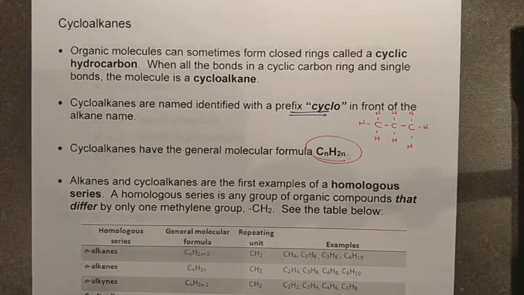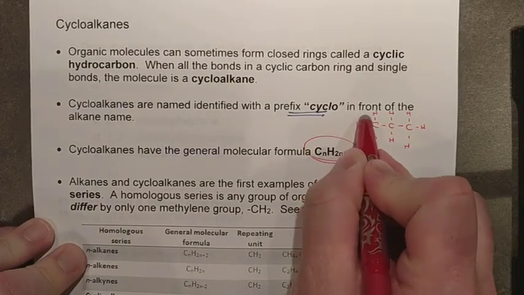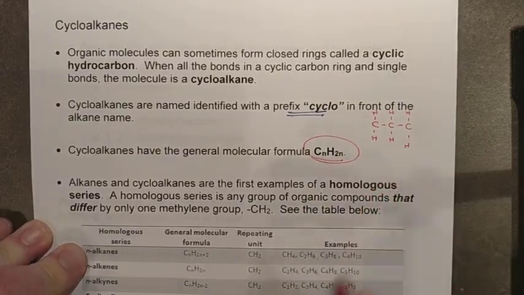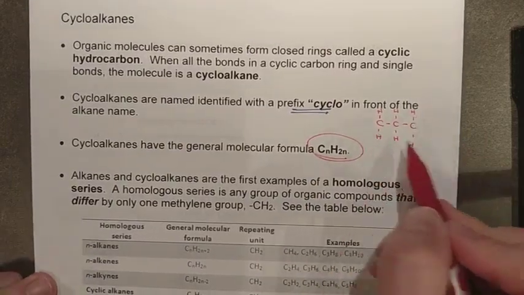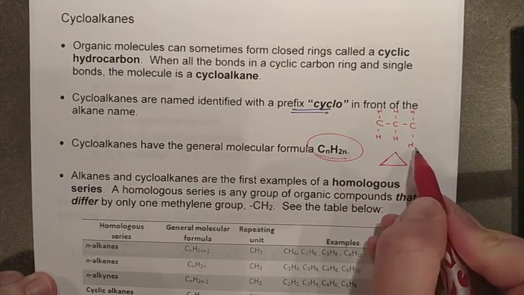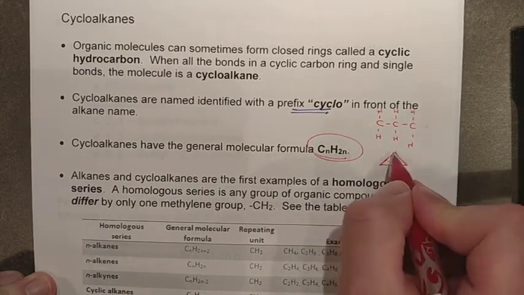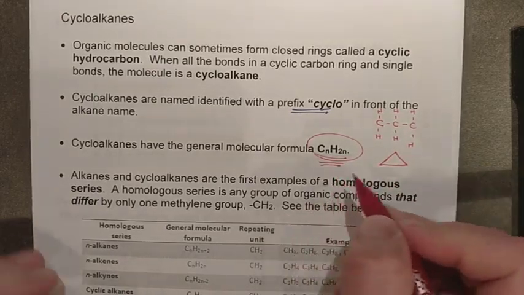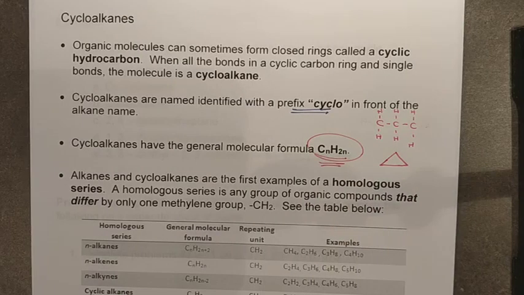In order to do this, I would have to lose 2 hydrogens so that I can form the triangular closed loop that I might get here. This causes me to lose 2 hydrogens in order to have a cyclic structure. This is why we have a slightly different molecular formula.